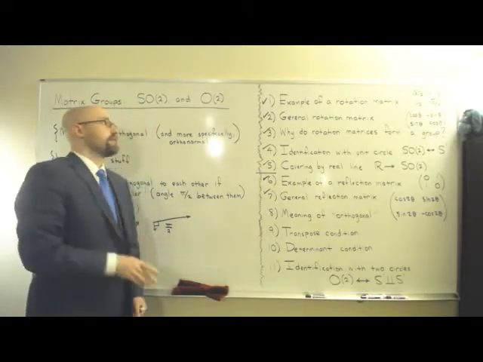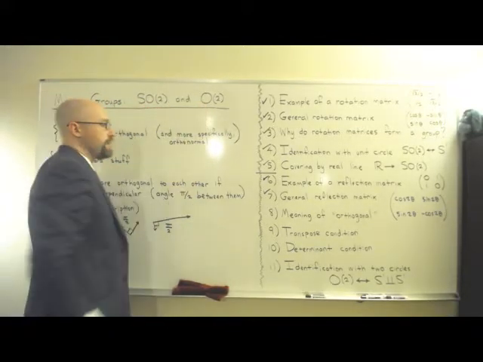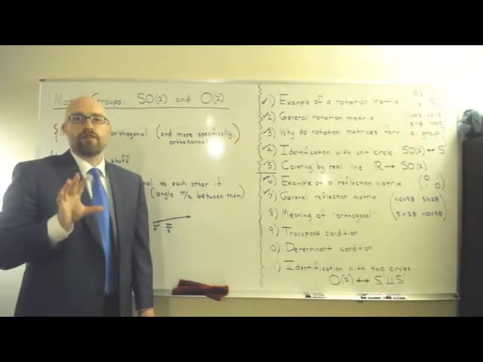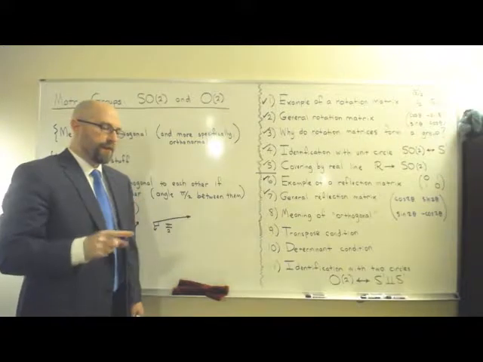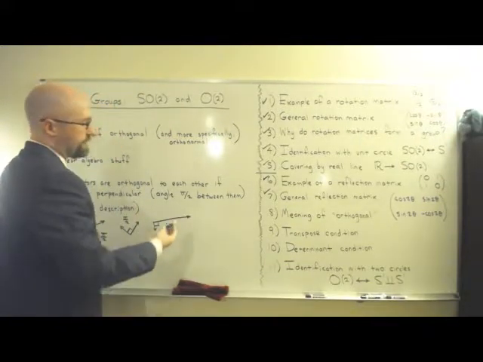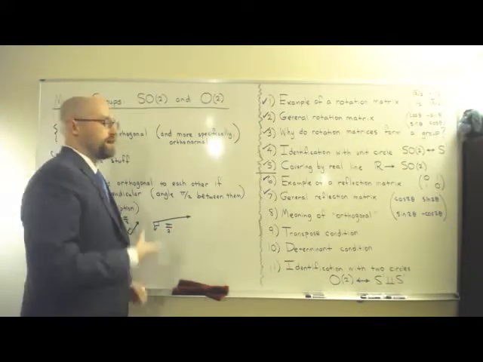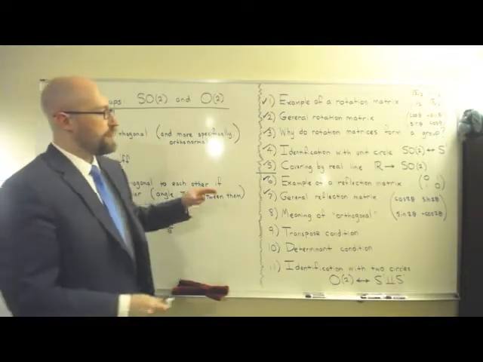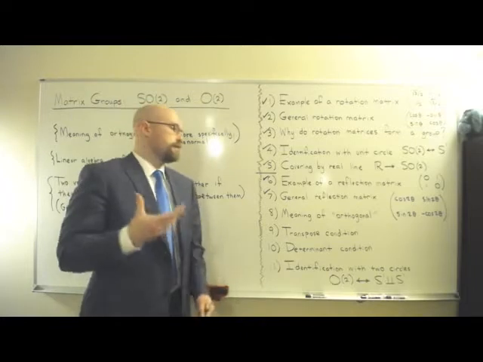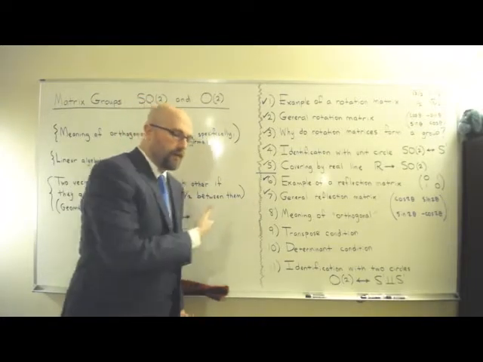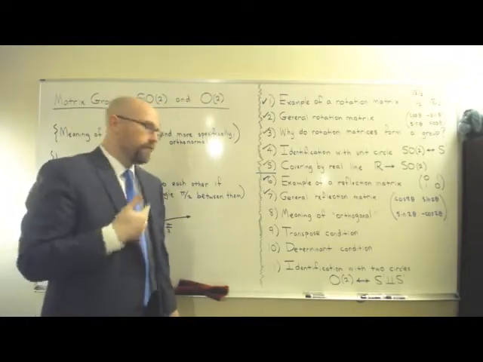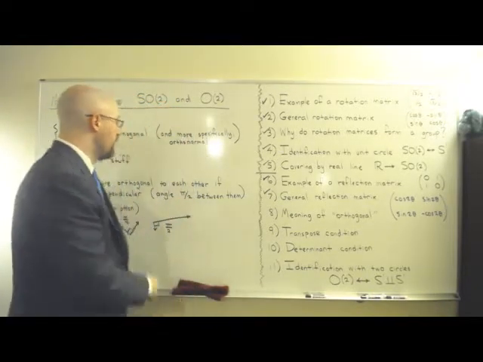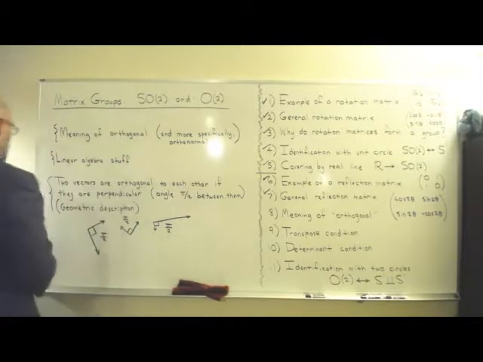Now, in this particular context where we're talking about SO2 and O2, the vectors that are involved here are very concrete. They're just ordered pairs of numbers, and you can think of them either as columns or as rows. And of course, we'll have to think about both sides of that in terms of the matrices, because it turns out that, like I wrote before, the rows of an orthogonal matrix are an orthonormal set, and the columns are also an orthonormal set.